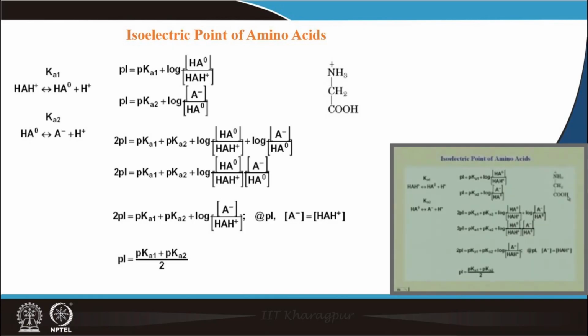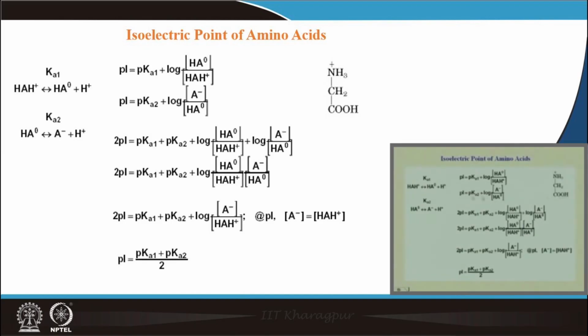This H is going to be lost first because it is a proton that is easily removed. So when I go from an HA+, I am going to an HA0 plus H+. Okay, what is this form? It is a +1 form, and I am going to a 0 form, and I am losing this hydrogen first.